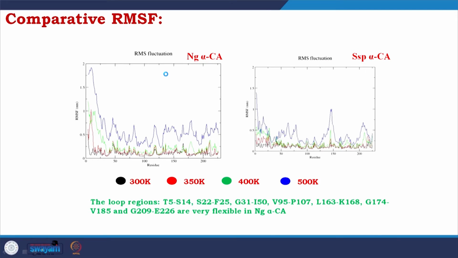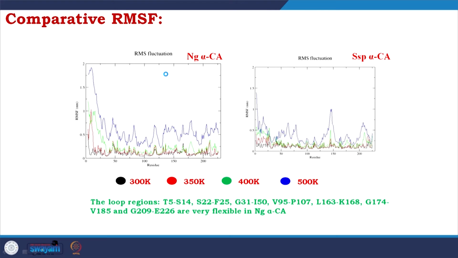When we take a look at the comparative RMSF, we see that the flexibilities are really high in the case of Ng alpha Ca in comparison to SSP alpha Ca.